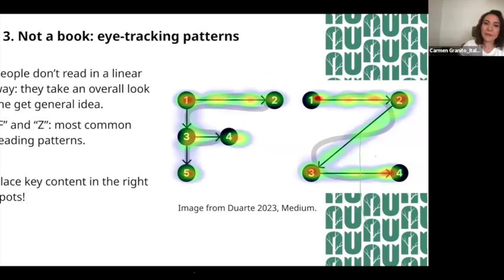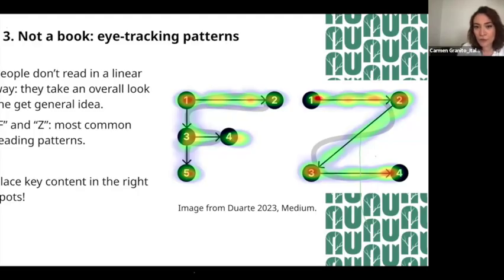Okay, then we should remember that, as I said, a panel is not a book. People do not read panels in a linear way. They take an overall look at the panel to get the general idea. Eye tracking studies have shown that there are other patterns, but these are the two most common reading patterns, the F pattern and the Z pattern. In the F pattern, people will start looking from top left and they spend some more time there.